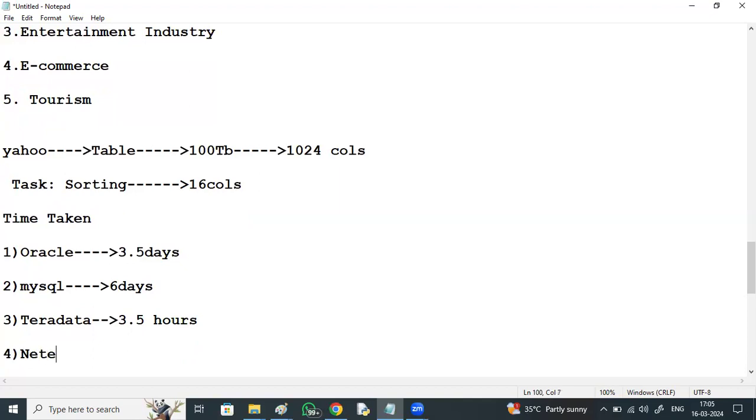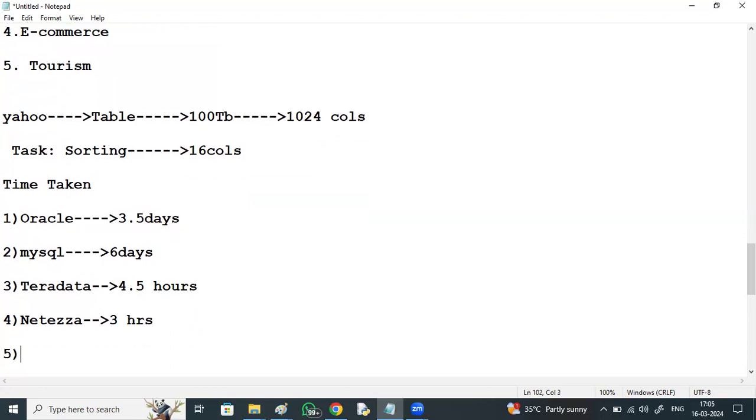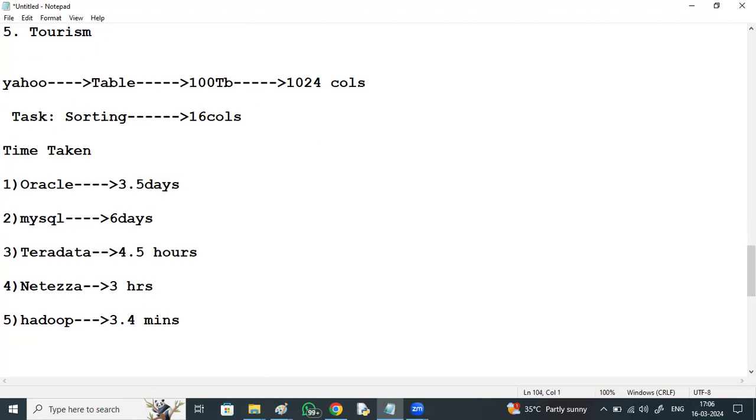Netezza, sorry, taken 4.5. Hadoop has just taken 3.4 minutes. Others took days and hours of time, but Hadoop has taken just minutes of time.